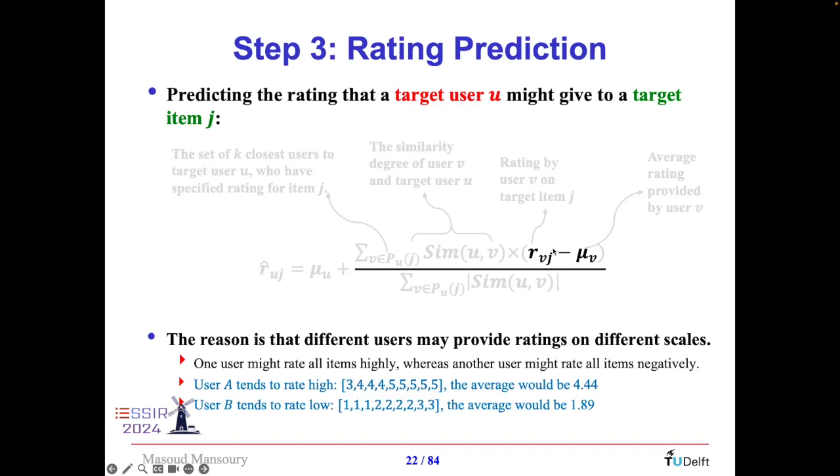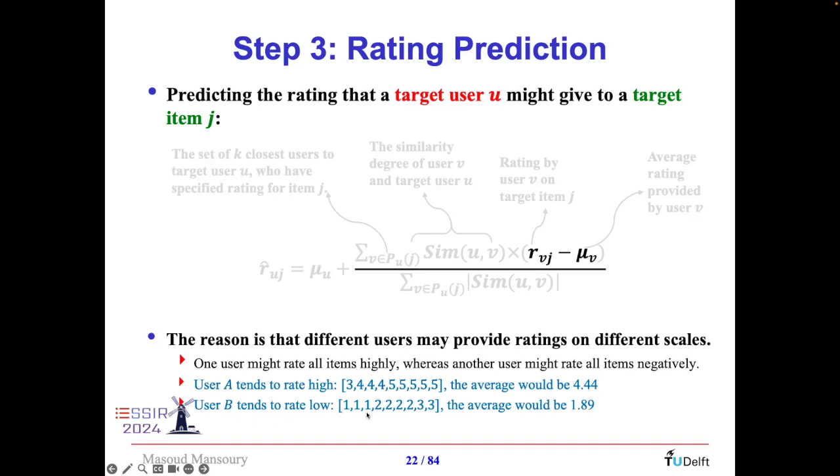this deviation, the rating subtracted by the mean of the neighbor user, we use this to capture the differences in the behavior of users in providing ratings to the system. Here I'm showing you two examples, user A with this rating pattern and user B with this rating pattern.